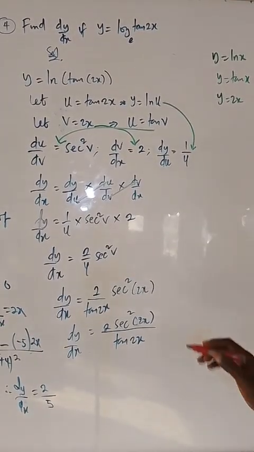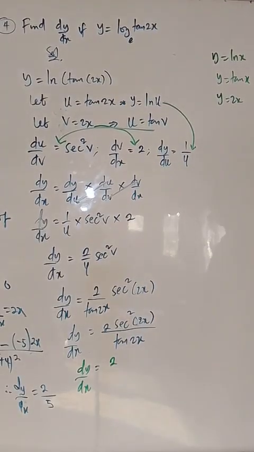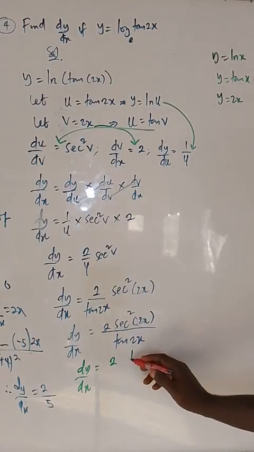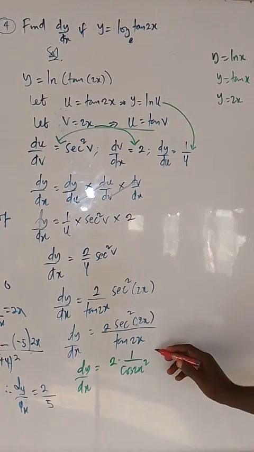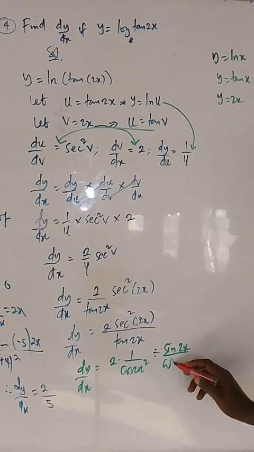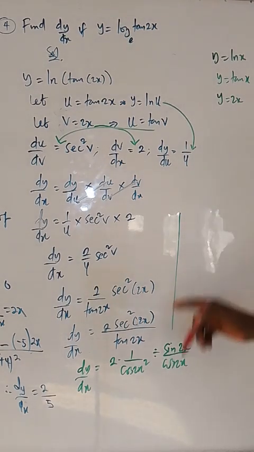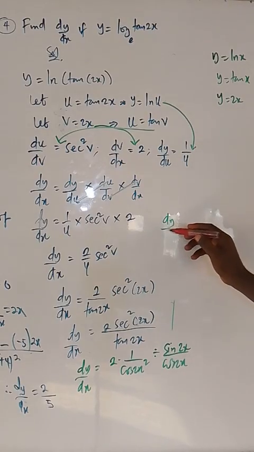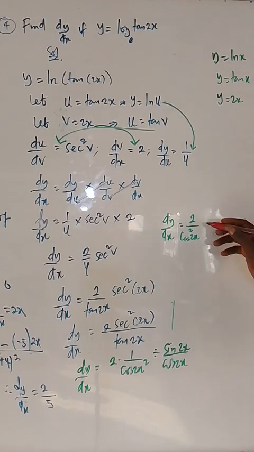Now, let's simplify it. So from here dy/dx equals 2, sec is the inverse of cos, so we can write 1 over cos 2x all squared, then divided by tan, which is sin 2x over cos 2x. So dy/dx equals 2 over cos squared 2x times, this cos will go up, cos 2x over sin 2x.